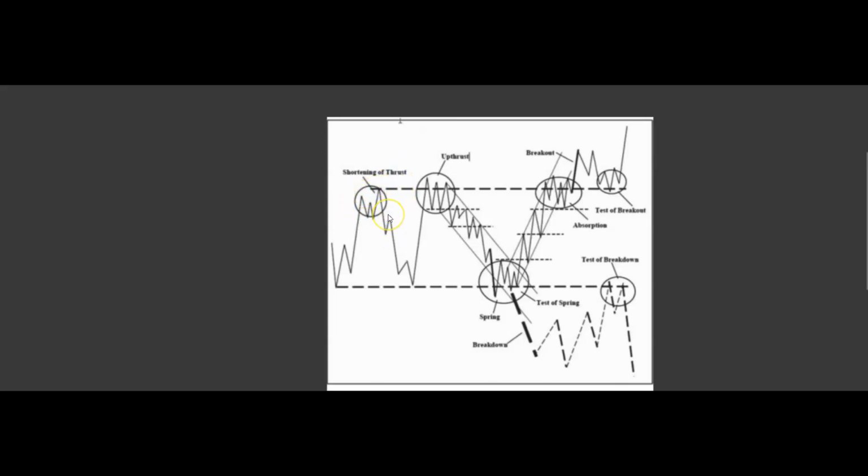So that's when shortening of the thrust is an upthrust, when you look at it from the perspective of a range. Anyway, the market goes down and now you have an upthrust, right? This is a proper upthrust against the prior high. This is a range and this is a place to take a look for shorts.